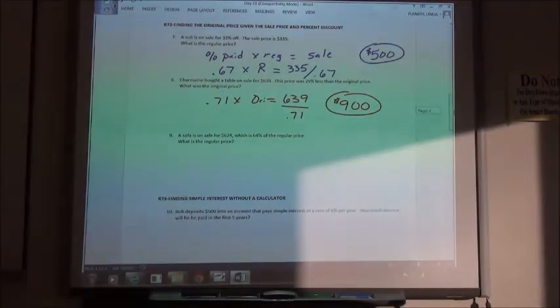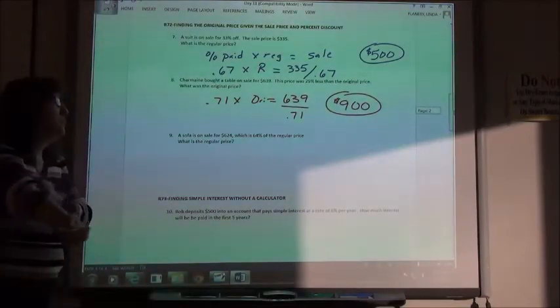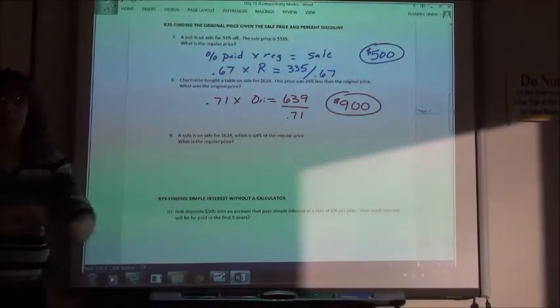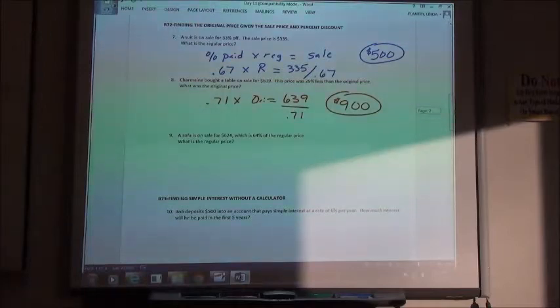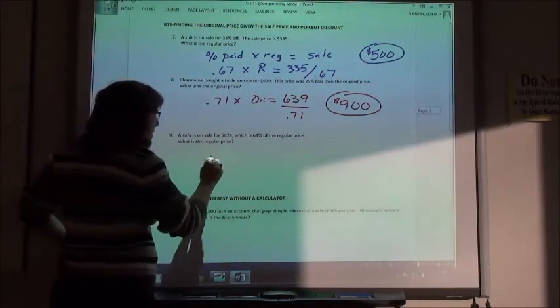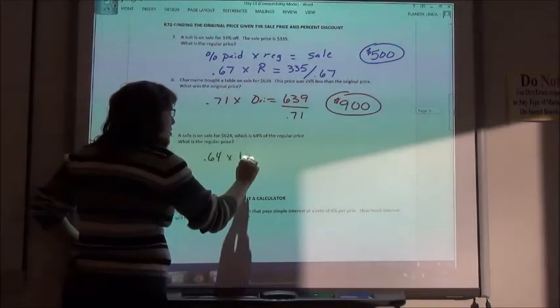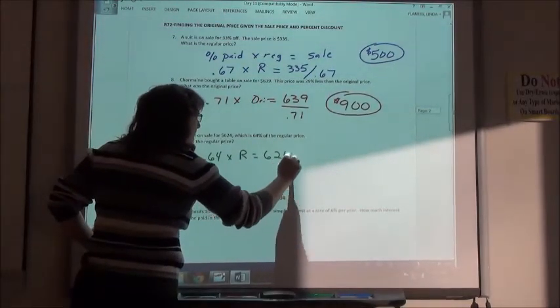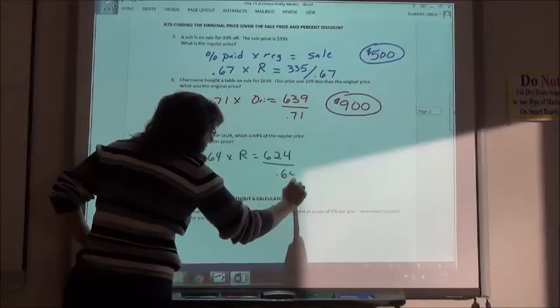So on number 9, a sofa is on sale for $624, which is 64% of the regular price. What is the regular price? So what should I have for my equation? I'm going to take my 64% of my regular price is $624, and then I just divide by my 64%.